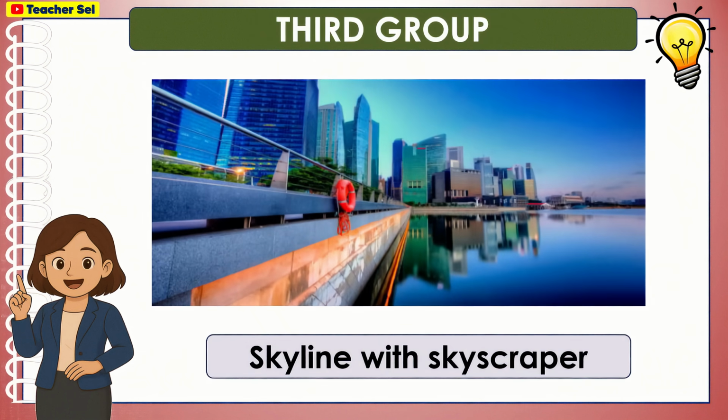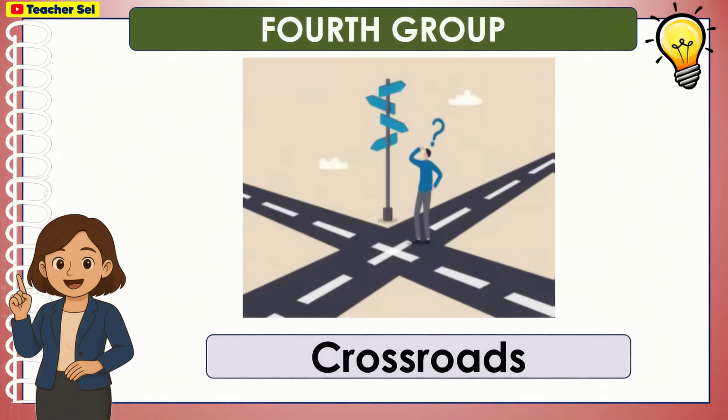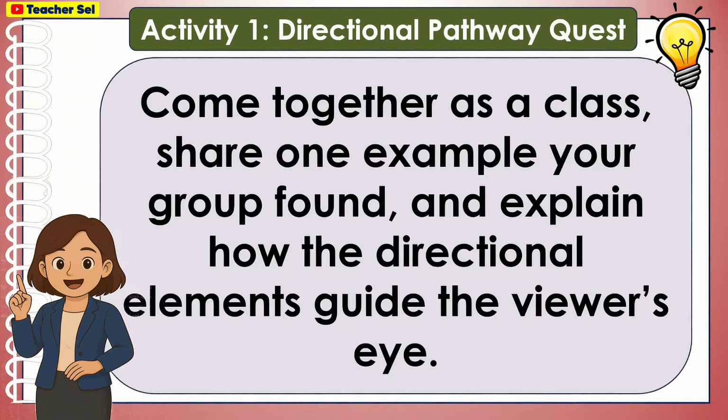Third group, Skyline with Skyscraper. Fourth group, Crossroads. Come together as a class, share one example your group found, and explain how the directional elements guide the viewer's eye.